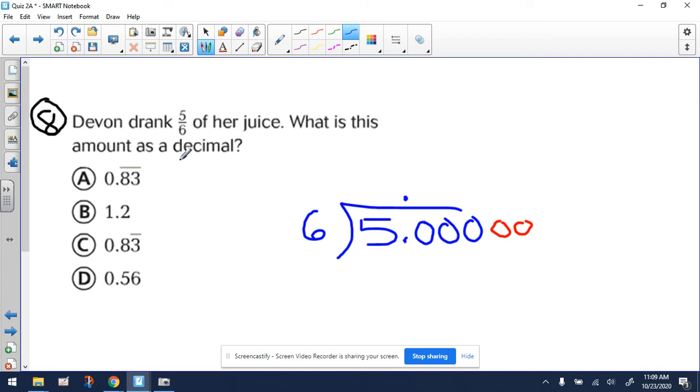So if you get 0.83838383, you're going to pick choice A. Choice C says 0.83 with the repeating 3. So this would be 0.833333333, etc. So make sure that you go out far enough to tell what's really happening there in this problem and choose accordingly.